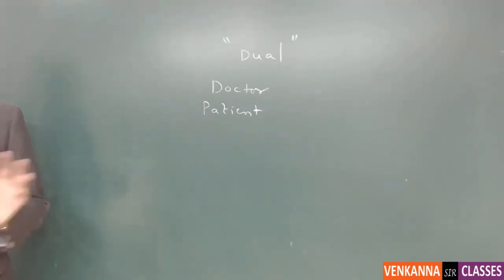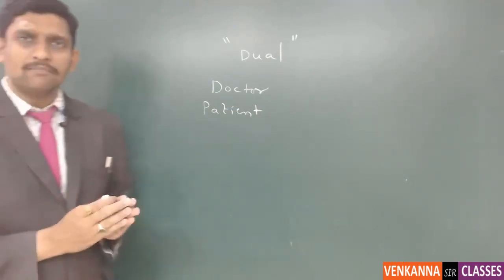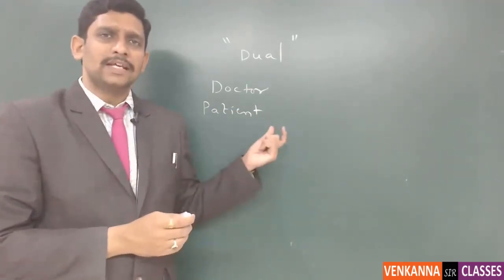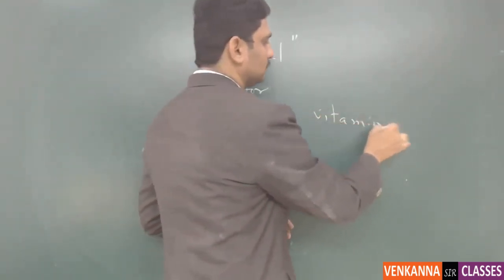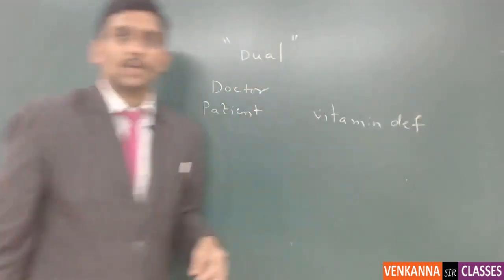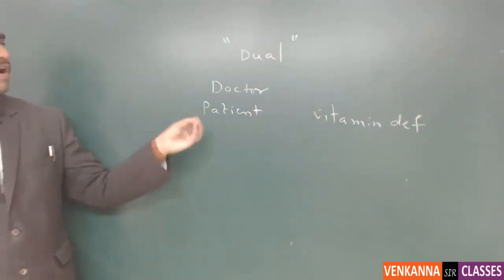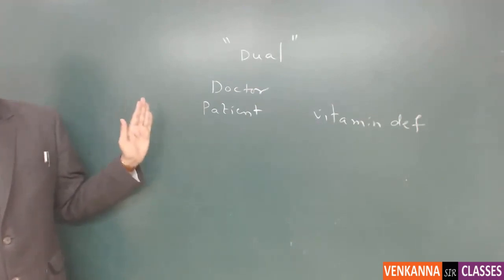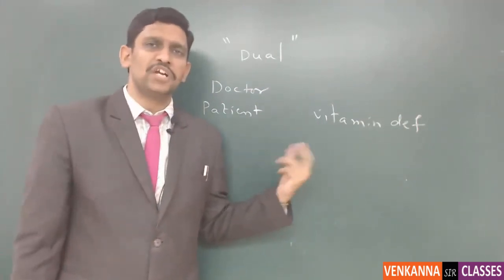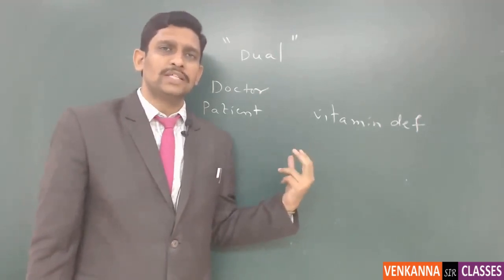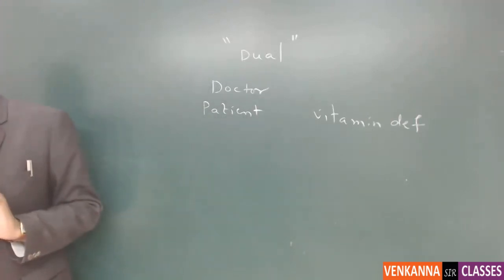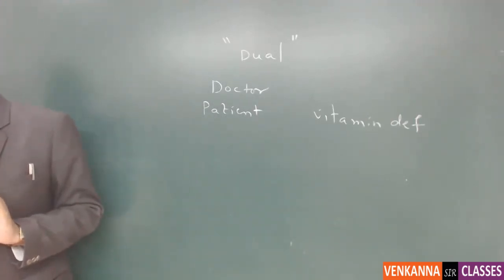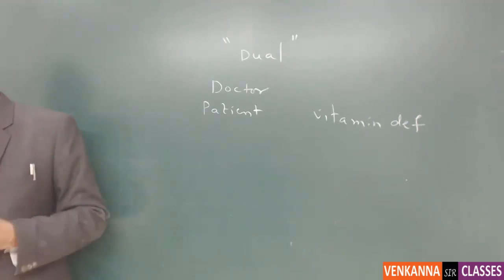The doctor examined him and observed that his sickness is because of vitamin deficiency. So the doctor suggested that these are the vitamins which are deficient for you, so take these vitamin tonics or supplements so that your health will improve. This is the situation. Accepted? Are you getting the logic or not?